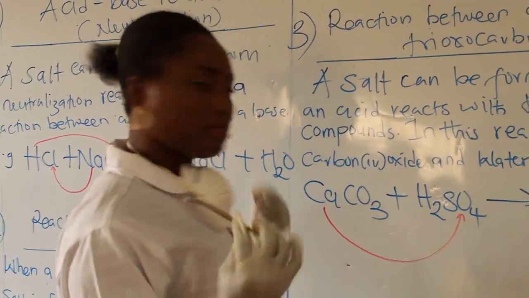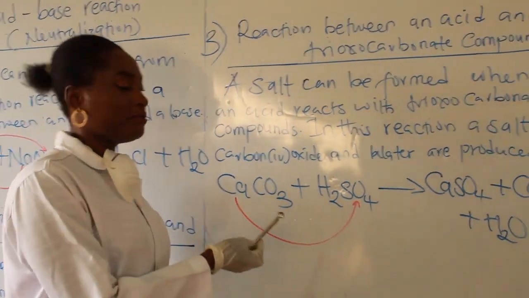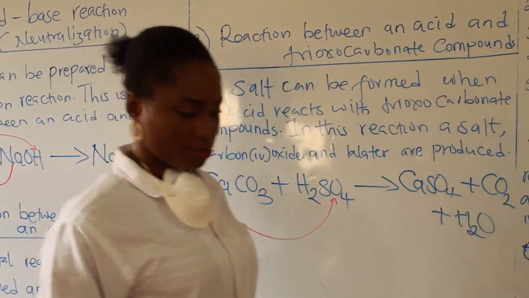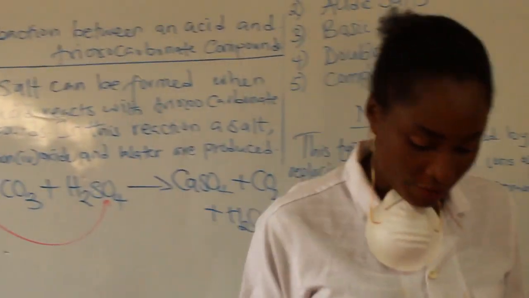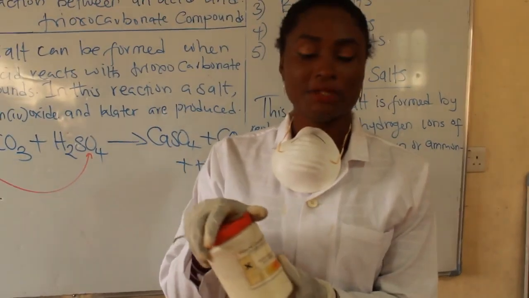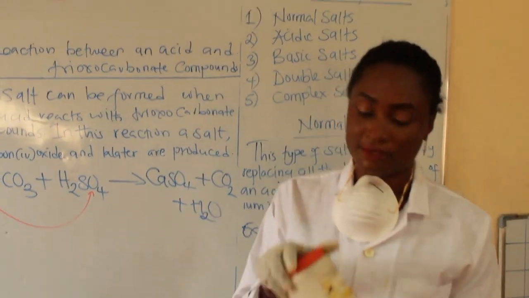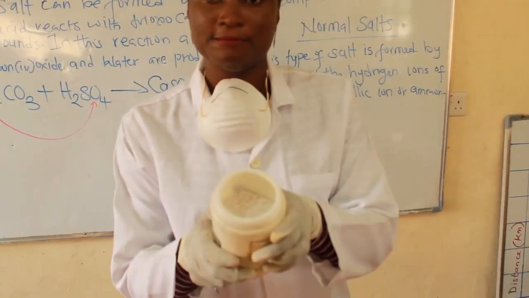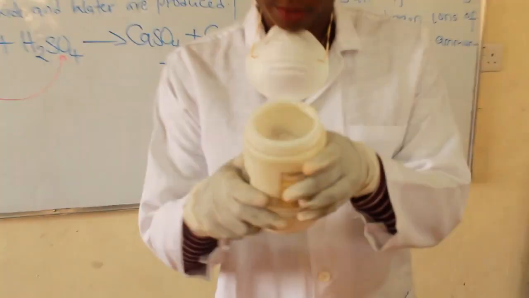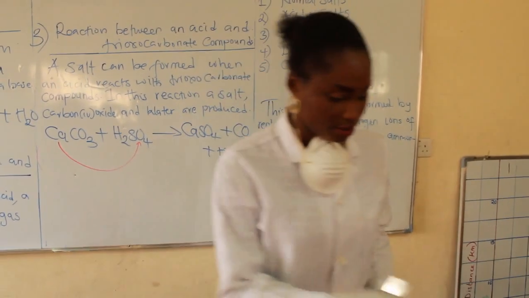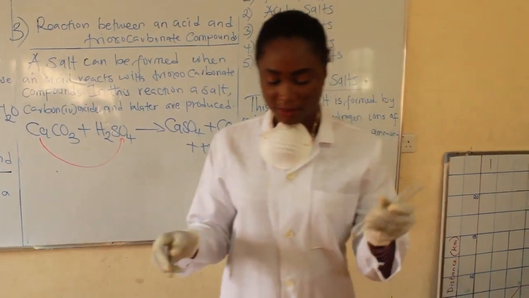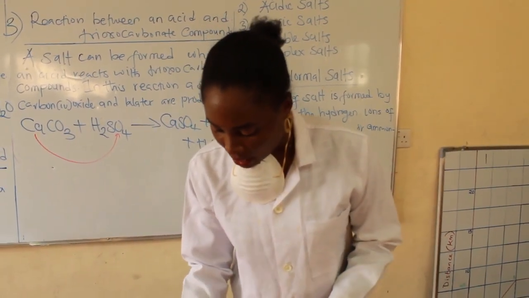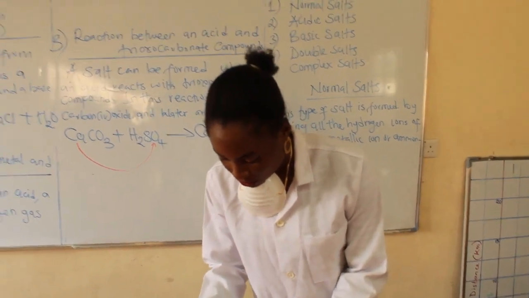Right now I'm going to demonstrate how calcium carbonate reacts with H2SO4, that's sulfuric acid. This is our calcium carbonate. It is also called limestone. This is how it looks like. Now I'll get a beaker and add a little here.